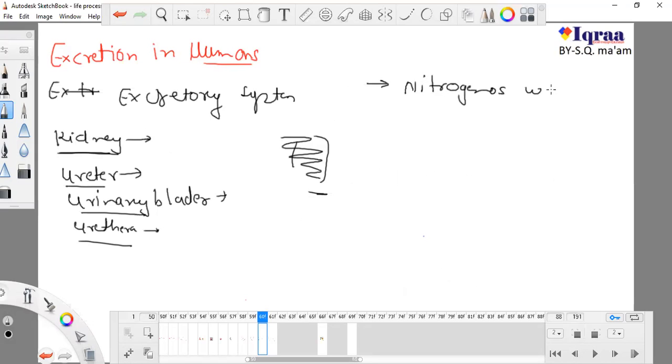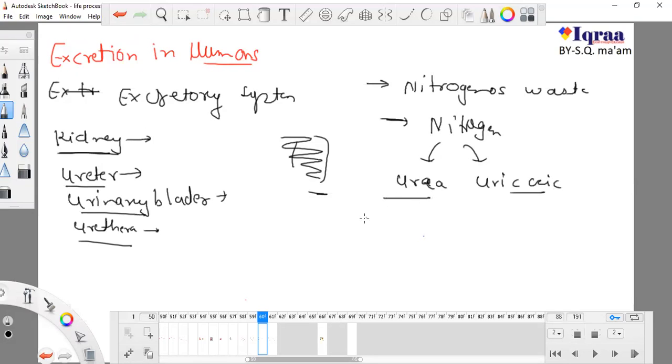These nitrogenous wastes contain excess nitrogen which is produced in our body, and these nitrogenous wastes are present in two forms, that is urea or uric acid. Different types of animals excrete different things: reptiles excrete something different, insects excrete something different, mammals excrete something different.